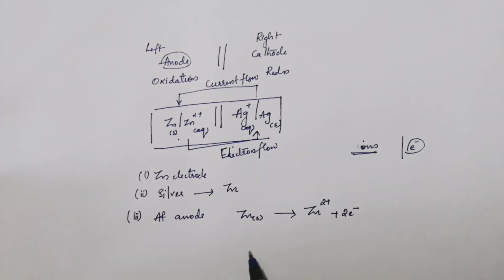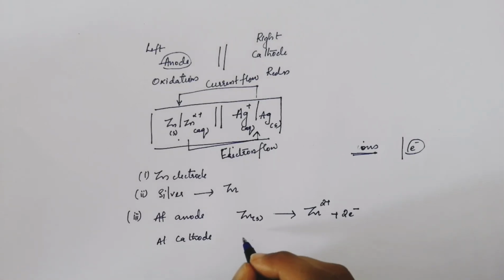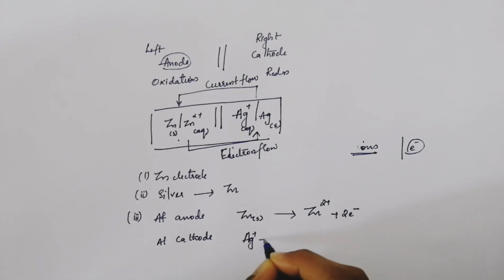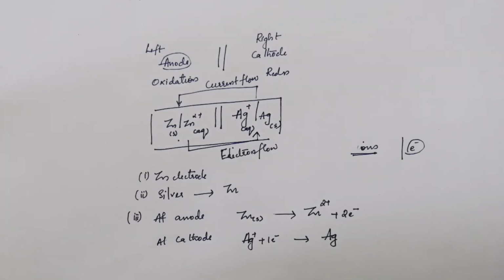So this is the oxidation reaction. And at the cathode we know that the reduction reaction is happening for the silver ion. So we can write that as silver ion plus 1 electron giving us silver metal. So this is the reduction reaction. I hope the answers for this question are clear.